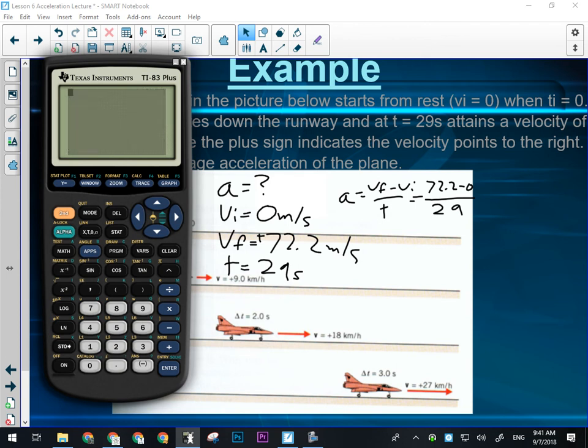All right, so we're getting that this is going to be roughly 2.5 meters per second. Everybody follow me there?